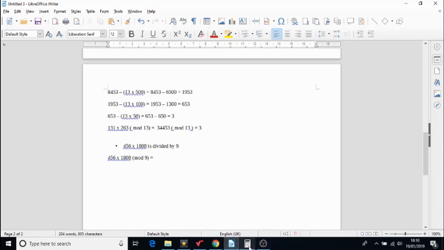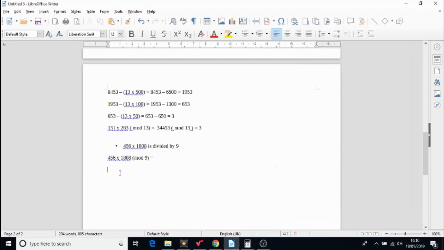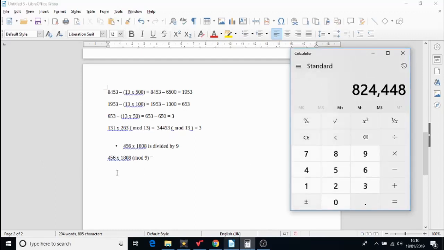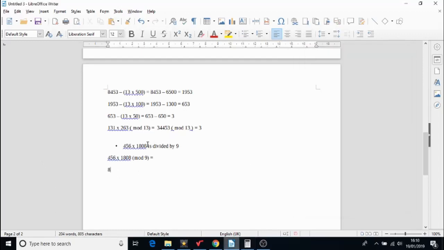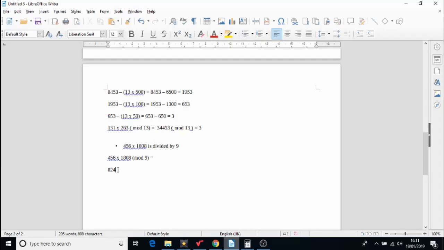So let's key it into our calculator: 456 multiplied by 1,808. So that is 824,448.